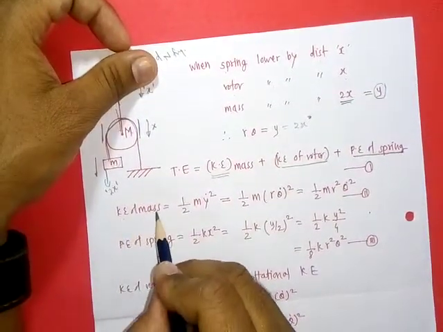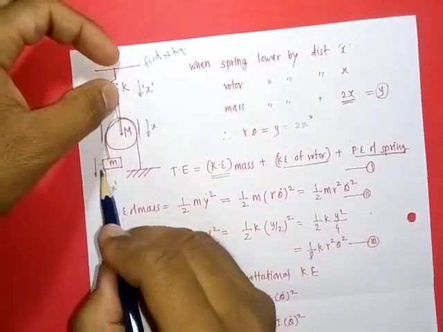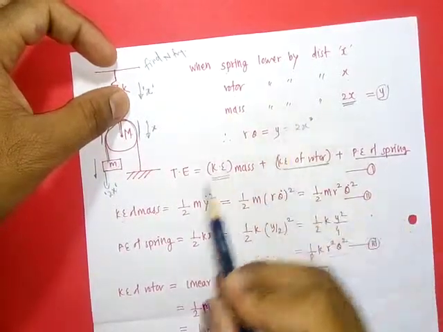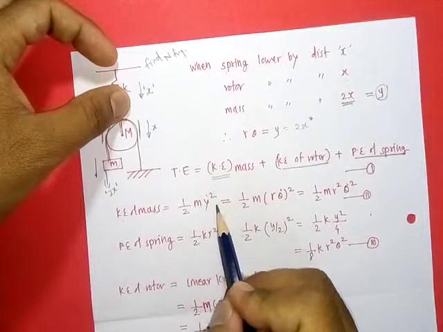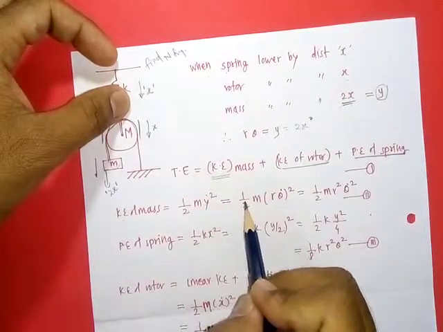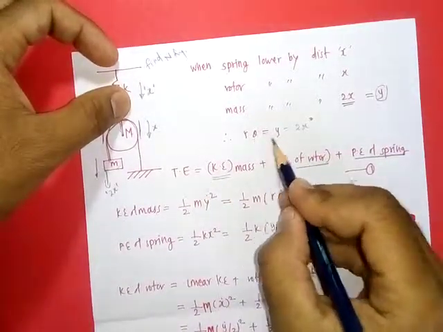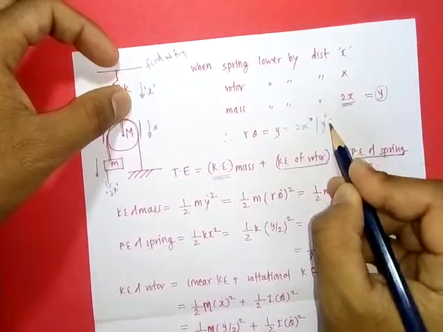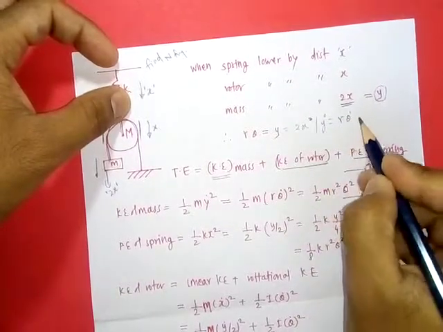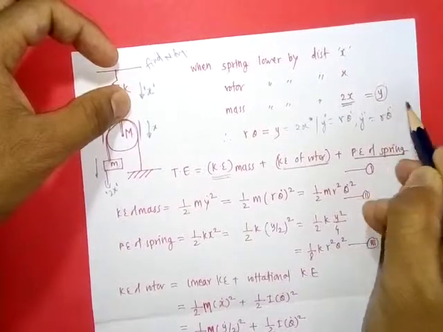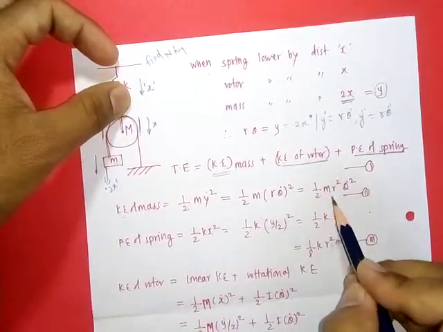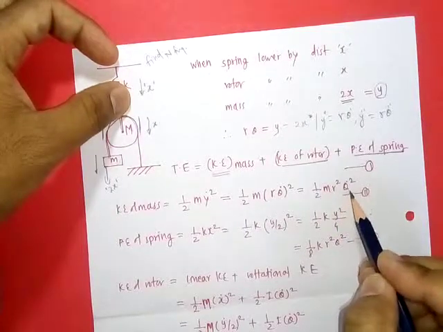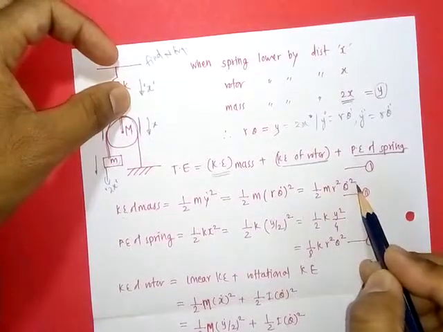Then the kinetic energy of the mass, as the mass moves by amount y, is equal to 1/2 m y dot square. Then y is r theta, so y dot will be r theta dot, and y double dot will be r theta double dot. Putting these values, we get the kinetic energy of the mass as 1/2 m r square theta dot square.